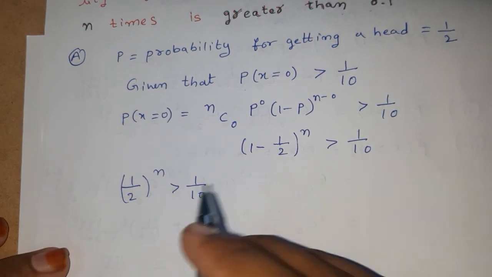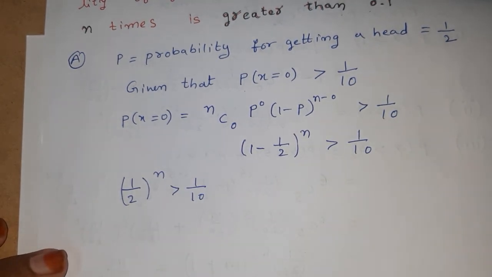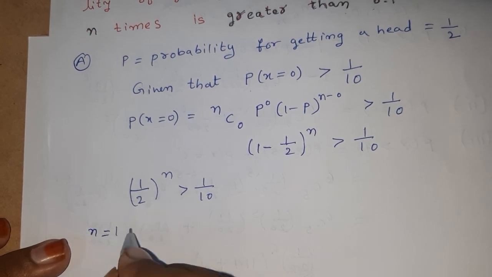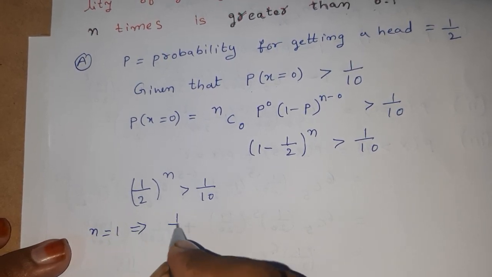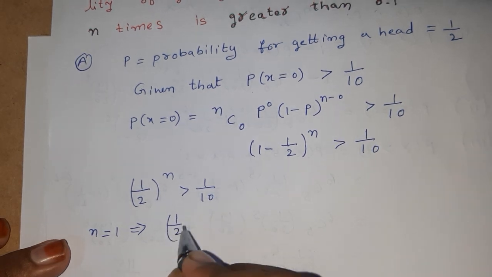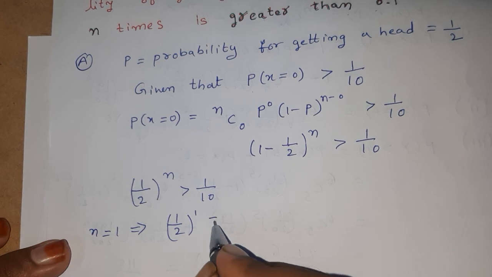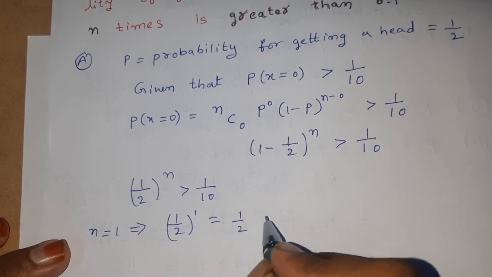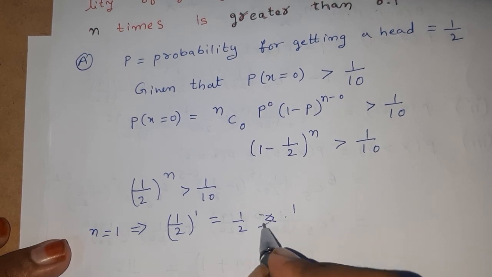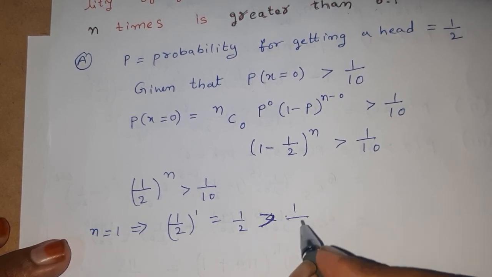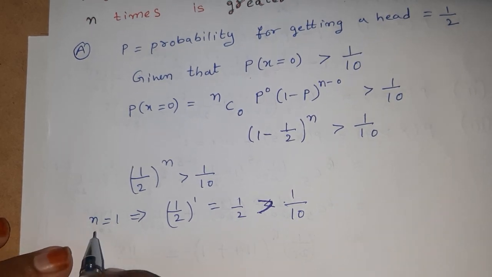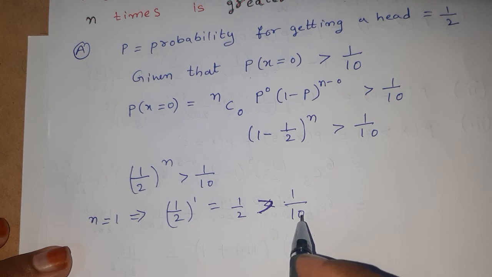Now take n equal to 1. That implies (1 by 2)^1 is equal to 1 by 2, which is greater than 1 by 10.